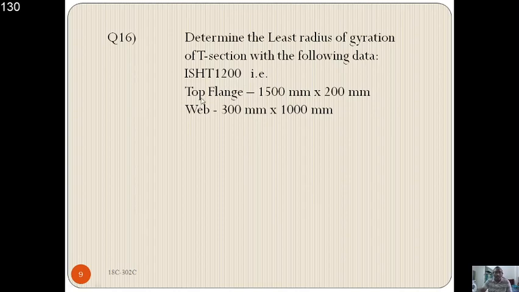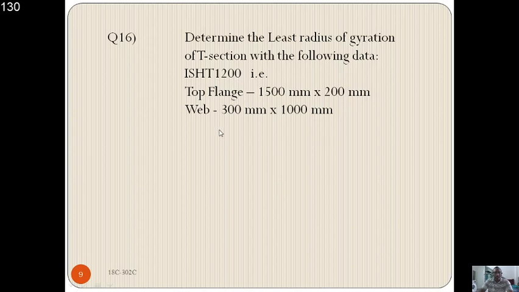ISHT 1200, having a flange width of 1500 mm, flange thickness 200 mm, web thickness 300 mm and height of the web 1000 mm. Now this 1200 is nothing but this 1000 plus this 200, because the T section is represented with its height. Therefore 1000 plus 200 is 1200.